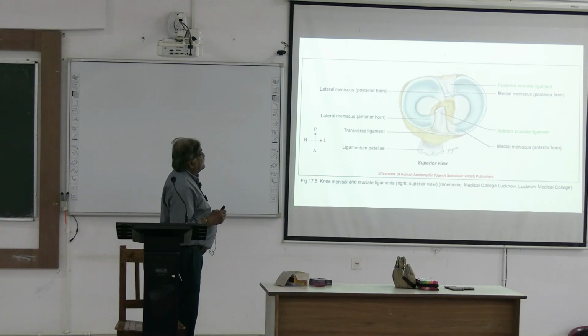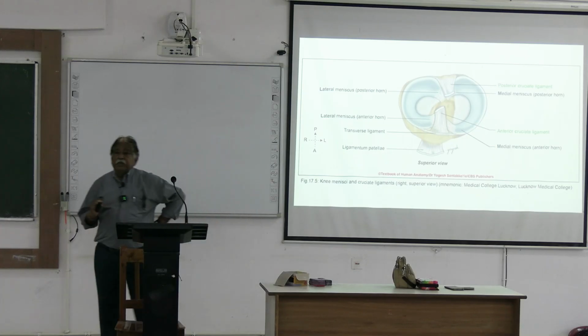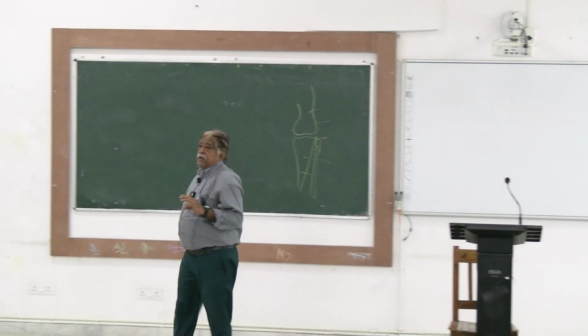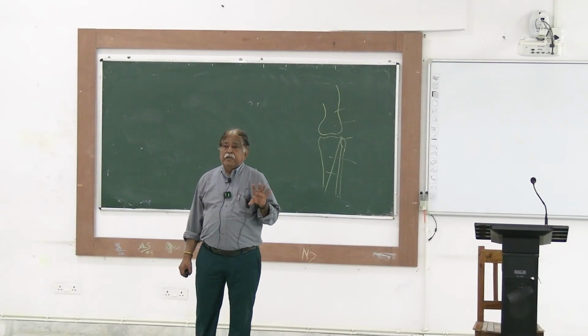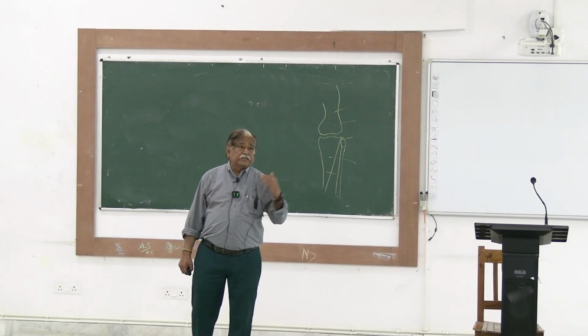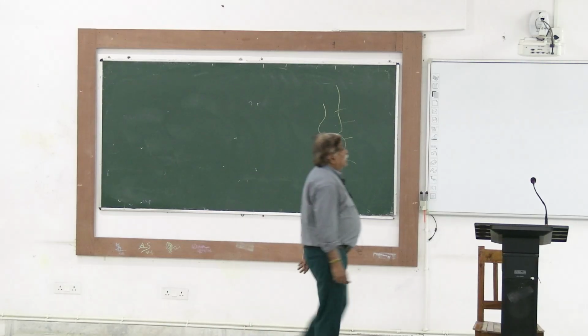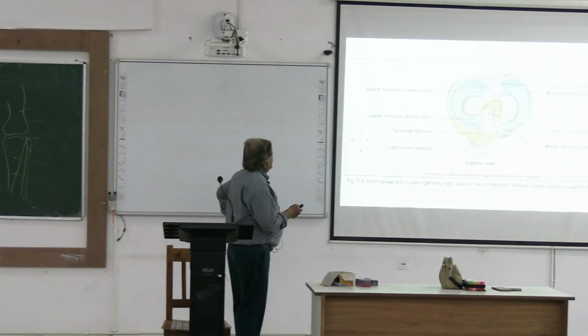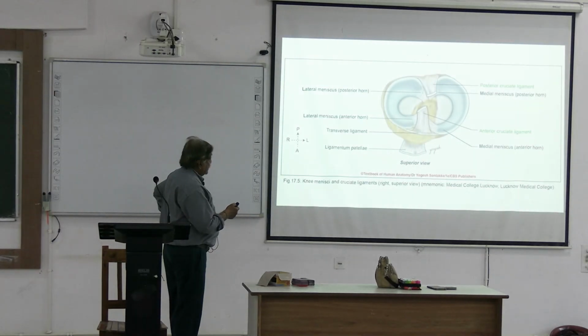This is the picture you have to draw, at least 4 pictures, describing the menisci, your lateral meniscus, the posterior horn and anterior horn. This is the posterior horn, this is the anterior horn, this is the ligamentum patellae.